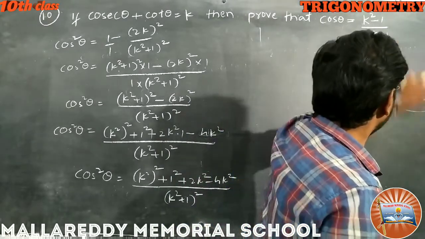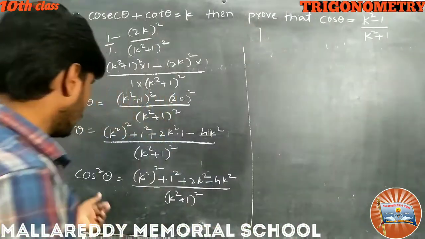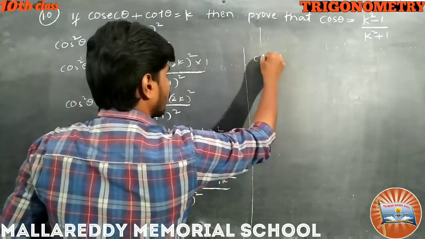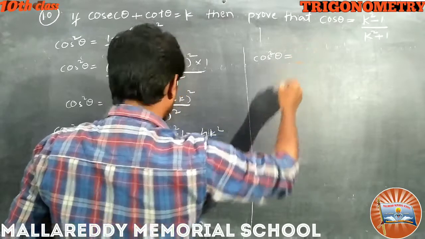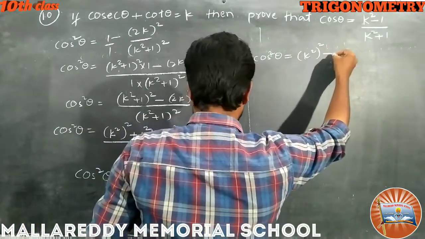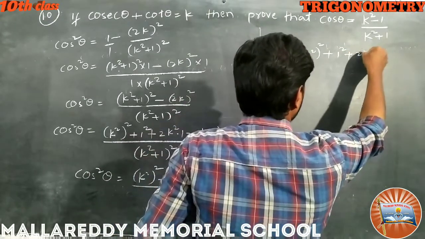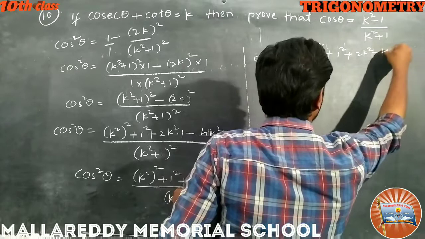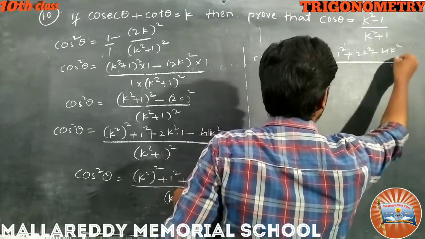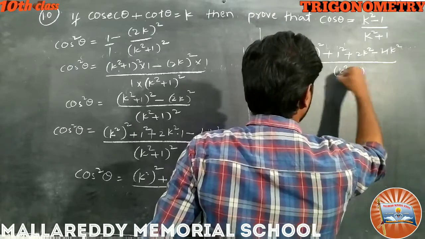So look at it carefully, ma. Write down as it is. Cos square theta is equal to (k square) whole square plus 1 square plus 2k square minus 4k square by (k square plus 1) whole square.